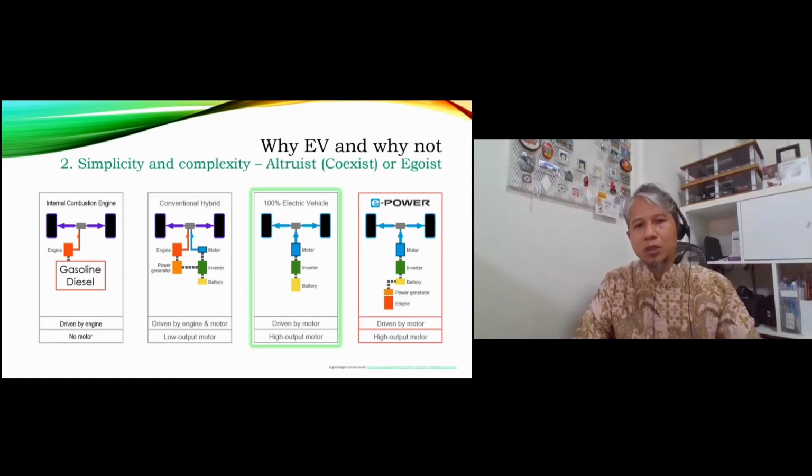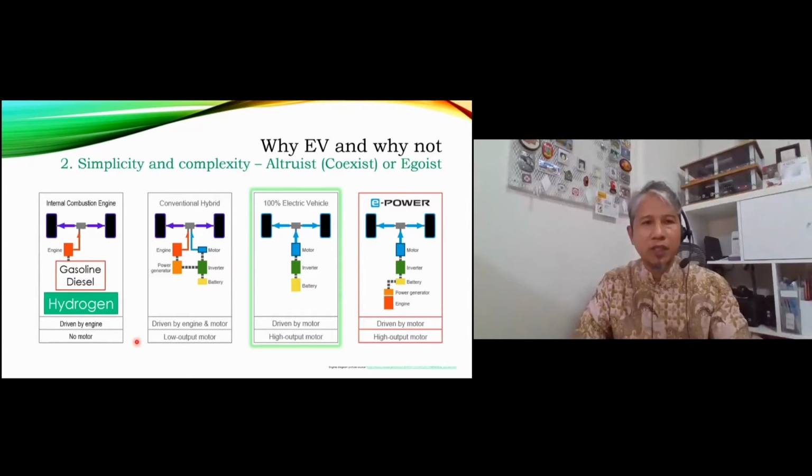And lastly, we should not forget about hydrogen. So there's the hydrogen car. There are two types, whereby it can use a normal ICE with hydrogen, and there's another one which is fuel cell hydrogen.